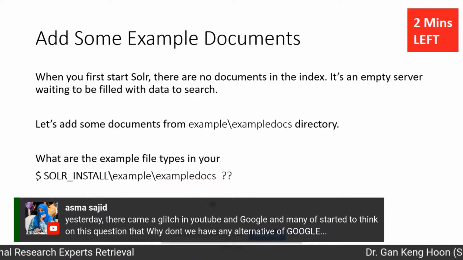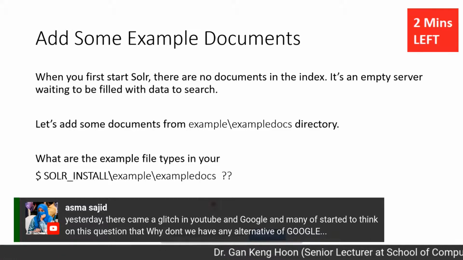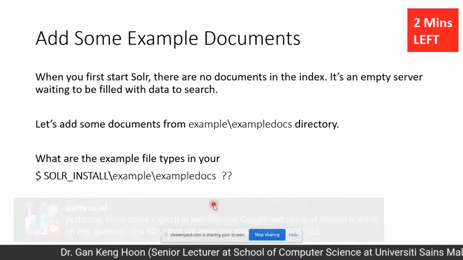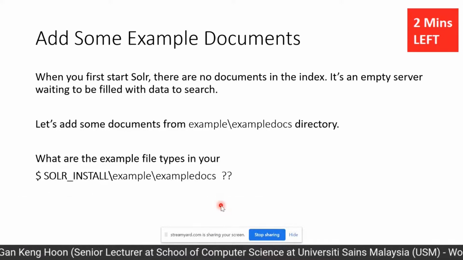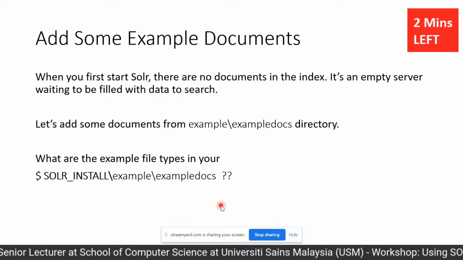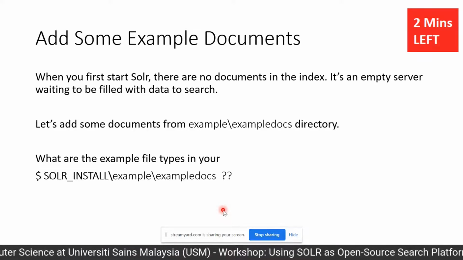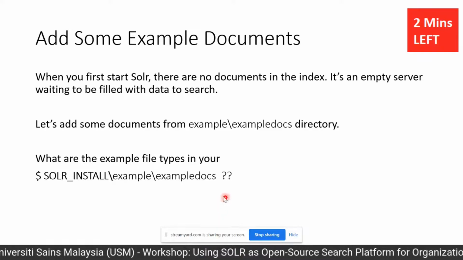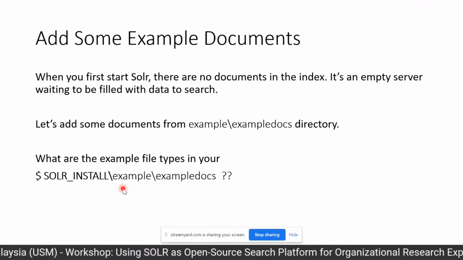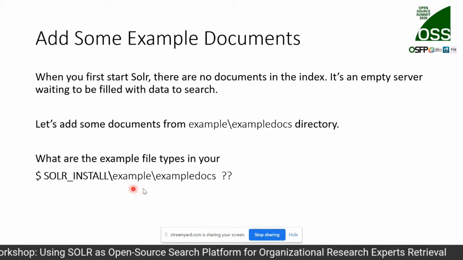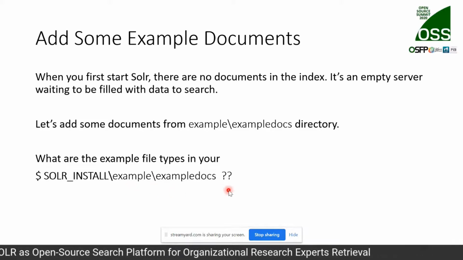One way is we will use the Java posting tool to help us do the indexing. Let's assume that you have some documents, some XML files, located in this directory called example/exampledocs.